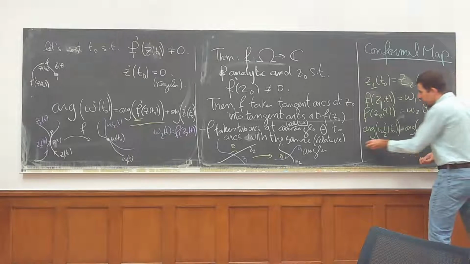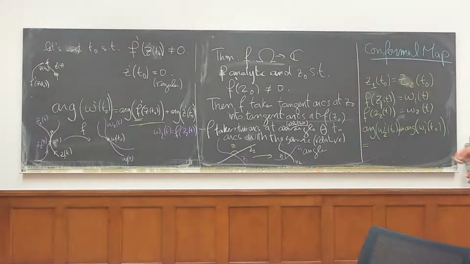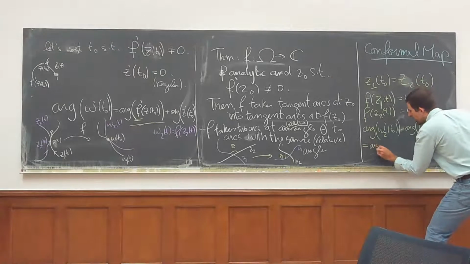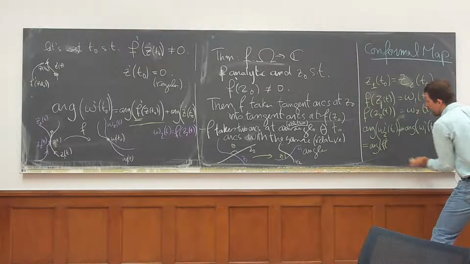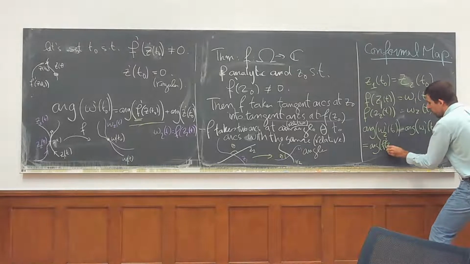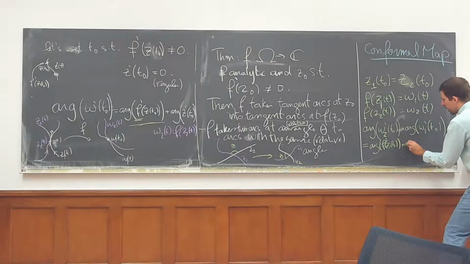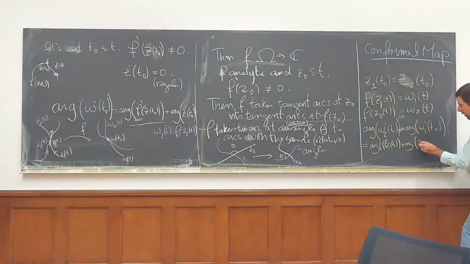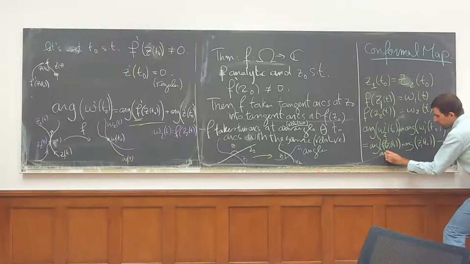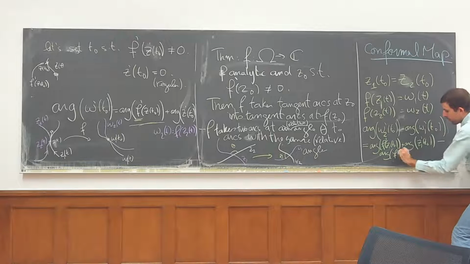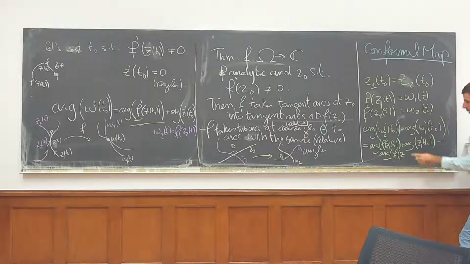But what is this equal to? I just have to use that formula. It's equal to the argument of f prime at Z1 T0, plus the argument of Z1 prime T0, minus this again, but now at the point Z2 T0, but these are the same points.